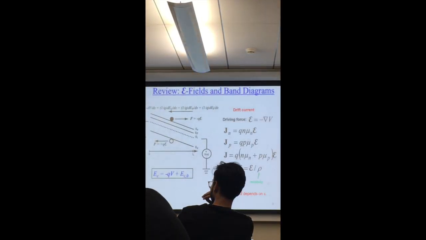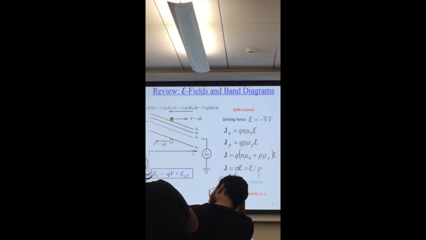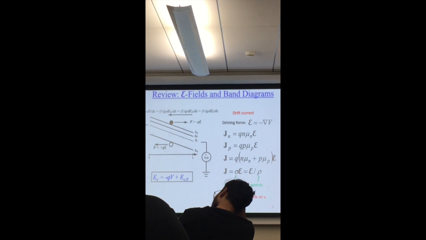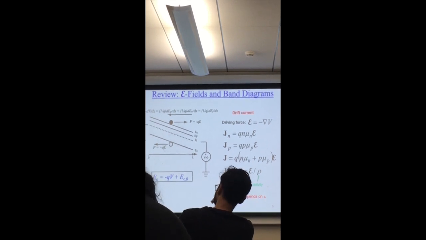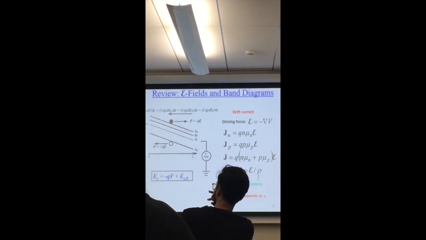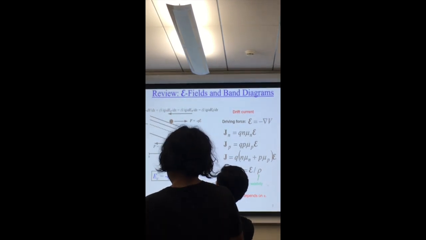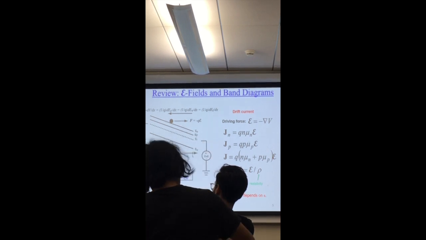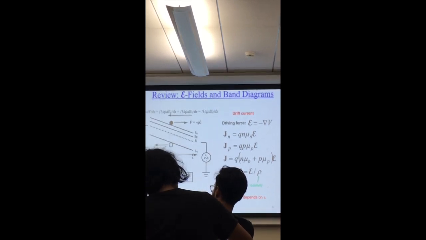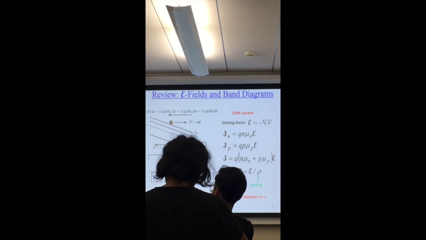And the electric field is related to the gradient in the electrostatic potential V, and this V is also related to the slope in EC. So if you see EC or EI or EV tilted, there must be an electric field inside the material.